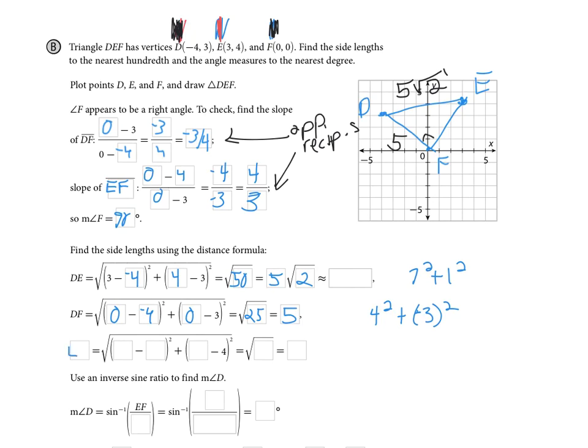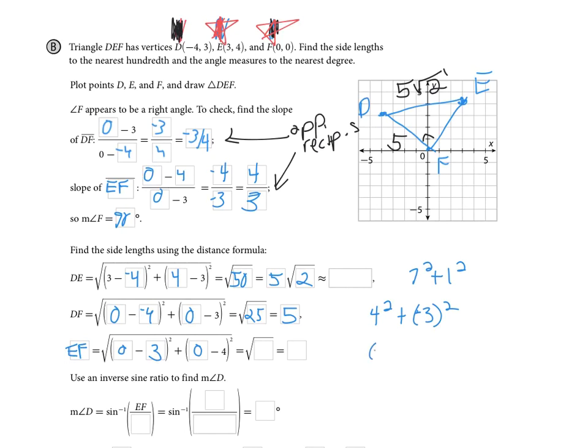Final length we need to find is EF, of course. And we'll go back to red here. We've got E and F. Okay, E and F. Distance is going to be 0 minus 3 and 0 minus 4 all squared.